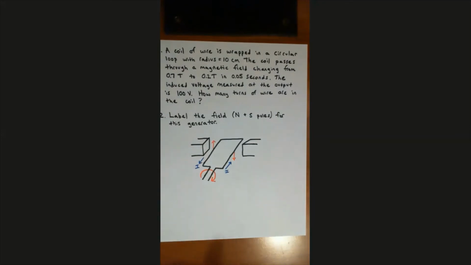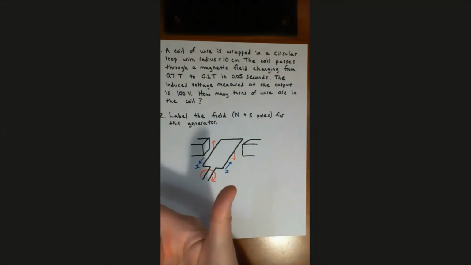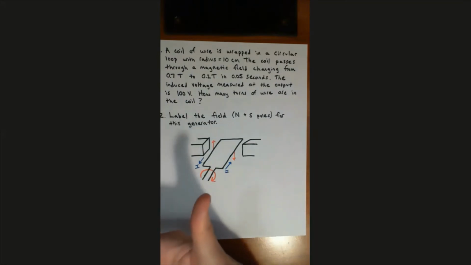So I know that my thumb for motion has got to be up, and I know that the current is coming out of the page. All right, so I need to apply my right-hand rule such that the current is coming out of the page, and the current is the second through fourth fingers, and the motion, or the thumb, is up.